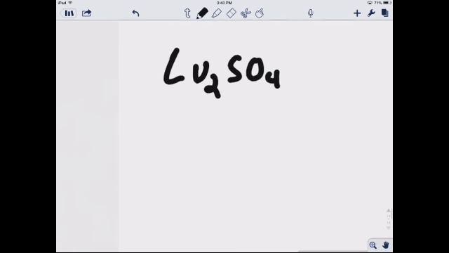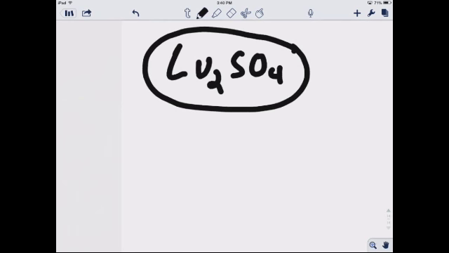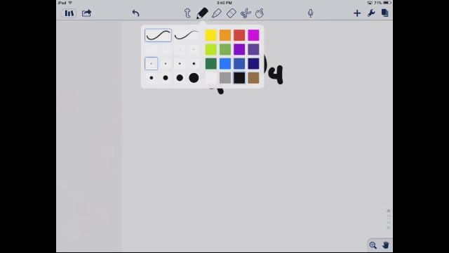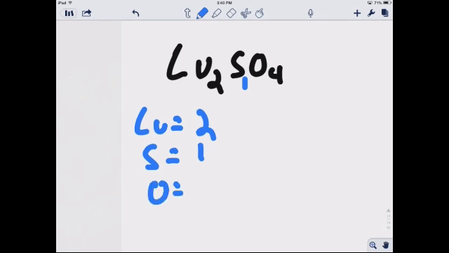Now this is important because we need to find the mass of all of these atoms, or all of those moles. So to do that, we look at how many we have. Copper, we have 2. Sulfur, we have just 1. And oxygen, we have 4.